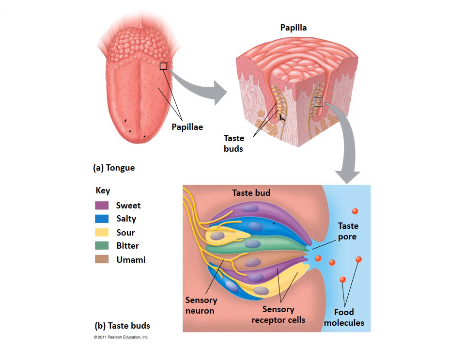The purple will taste sweet, the blue will taste salty, the yellow will taste sour, the green will taste bitter, and the fifth is umami. All 5 of them are lined up inside a taste bud, and there's a sensory neuron attached which will take the message to the brain.